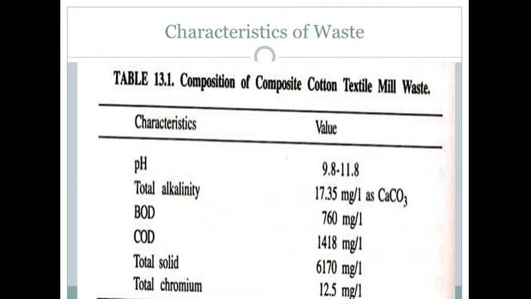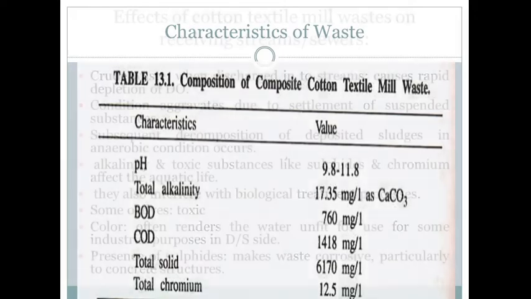Total alkalinity 1735 mg per liter. BOD 760 mg per liter. COD 1418 mg per liter. Total solids 6170 mg per liter, and total chromium 12.5 mg per liter. So these are the characteristics or the composition of cotton textile mill waste.